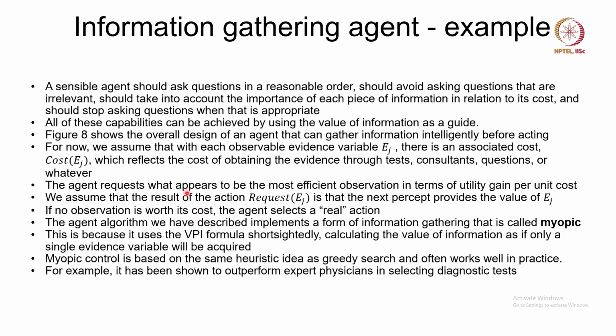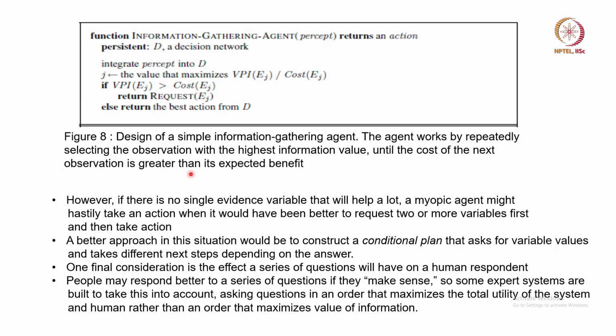So next we talk about the information gathering agent. Okay, so the information gathering agent is something like what is given here in this piece of code, right? What it does is that you are trying to find the value that maximizes the value of perfect information of EJ, okay, given the cost.